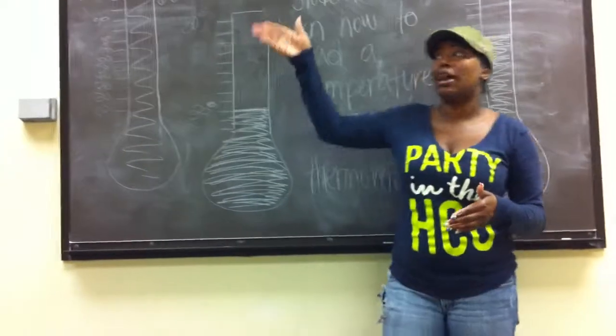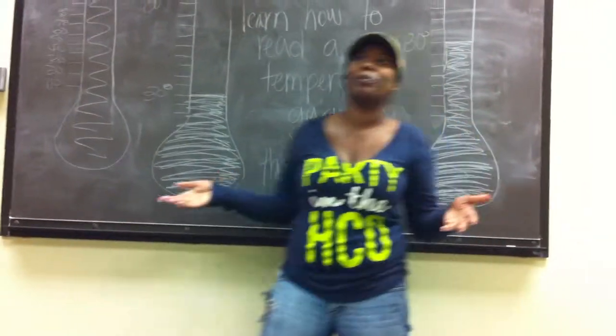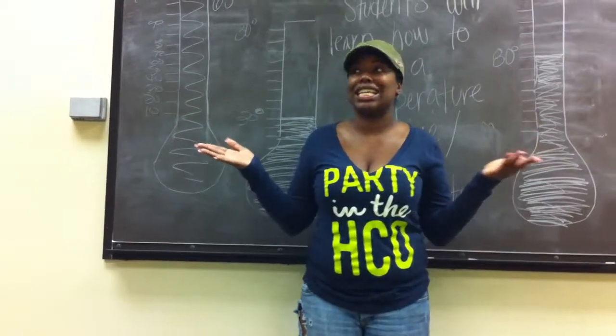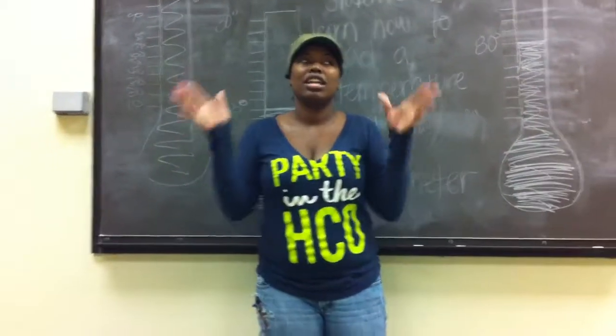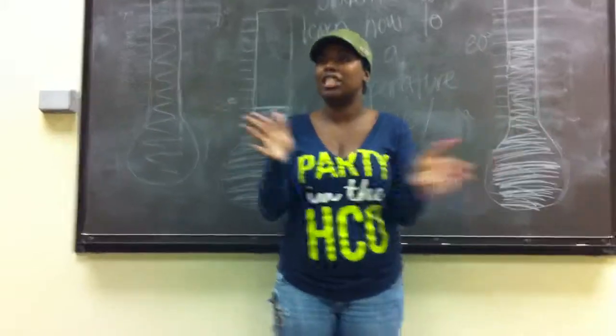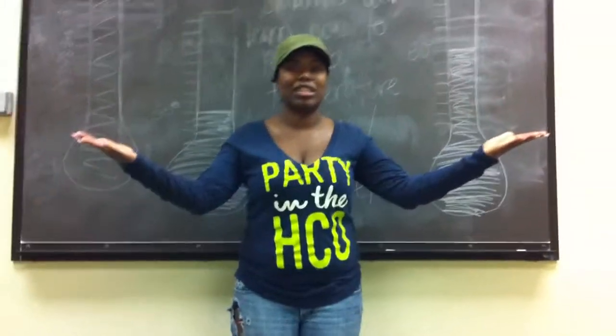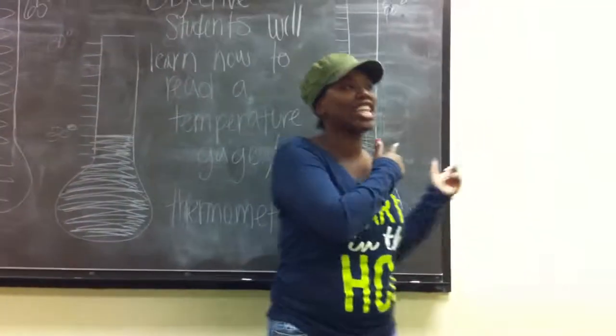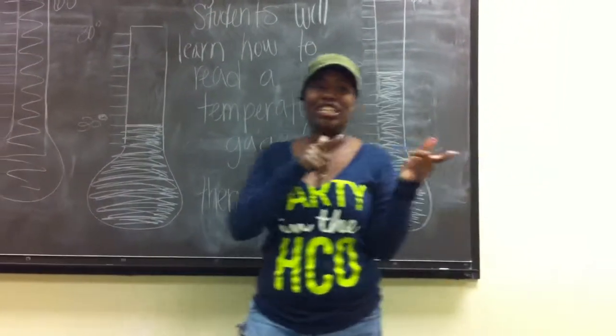You're going to see what number it stops at, and you're going to say, that must be the number of degrees it is in here. So now, it's a little knowledge to take home and spread to your family or to your peers about what's going on with degrees. So, good job, class.